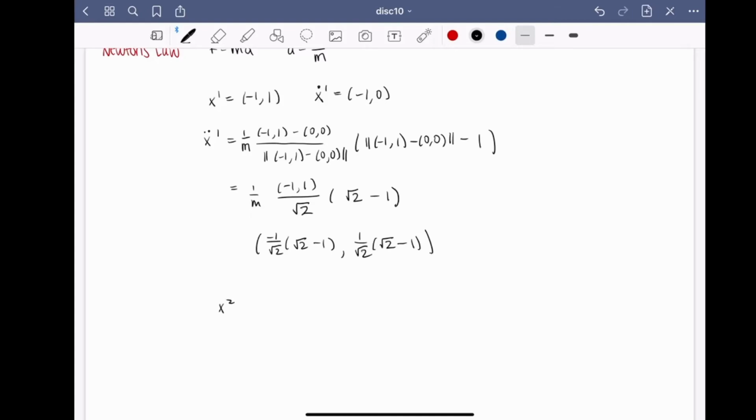So we have x2. Our position is position at time step 1 plus our velocity at time step 1. Okay, that's fairly straightforward. We're just going to have negative 2, 1. Our velocity at time step 2 is going to be our velocity at time step 1 plus our acceleration.